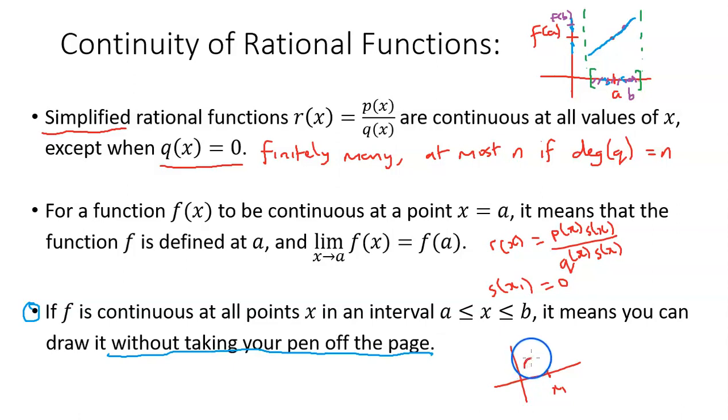It would still look like r of x equals p of x divided by q of x. It would still look like that graph, except there would be a hole at the value x1, and then, I guess this point would be p of x1 divided by q of x1.